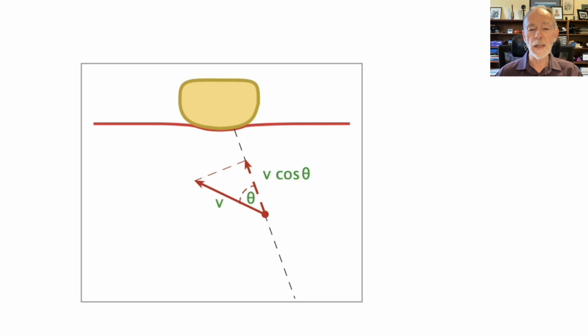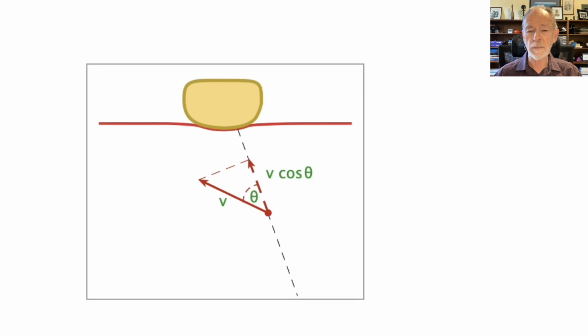And to calculate that, we have to multiply the velocity by the cosine of what we call the Doppler angle, theta. I've indicated that the Doppler angle is the angle between the direction the object is moving and the beam direction. So we need to know that angle in order to quantitate velocity from Doppler measurements. So again, the speed at which this object is moving towards the probe is v cos theta.